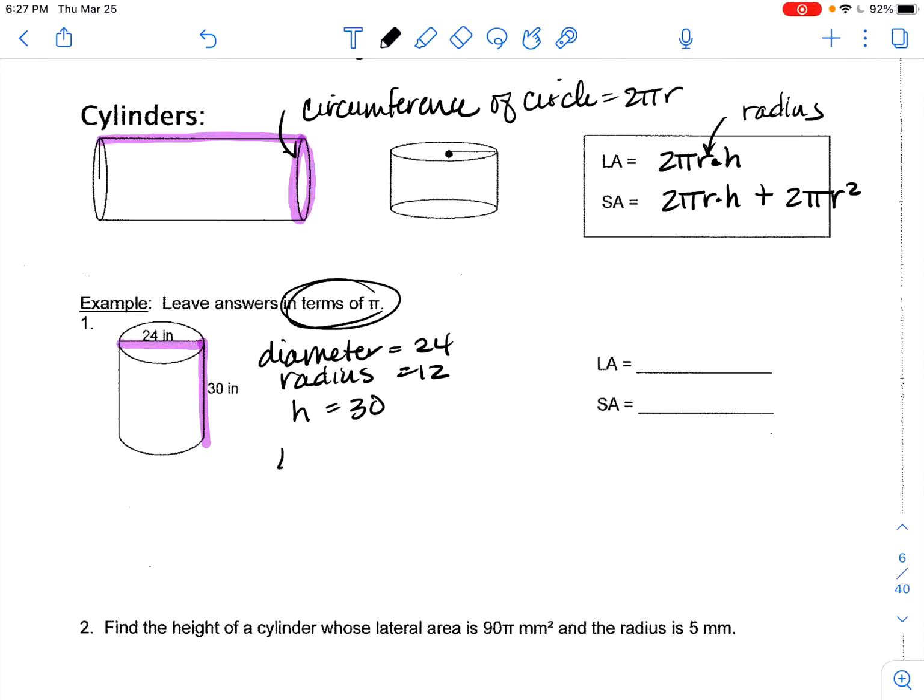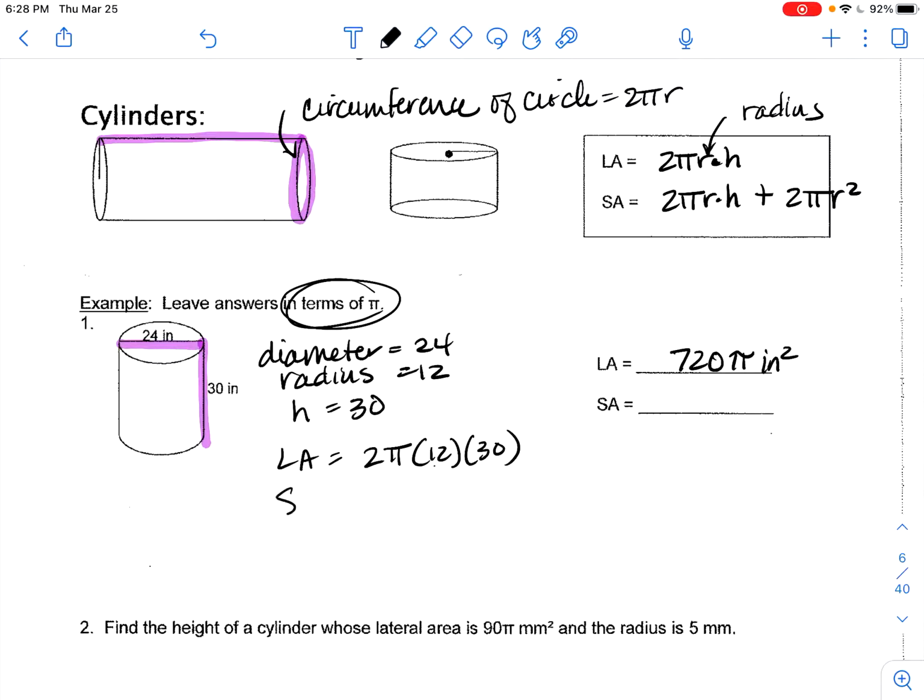All right, so first up is the lateral area, which is 2 pi r times 30. If we multiply 2 times 12 is 24, times 30 is going to give me 720, and I'll just leave the pi, and that's units, inches in this case.